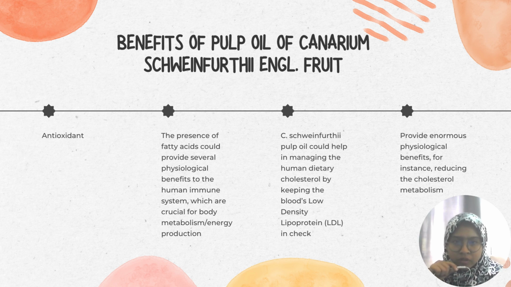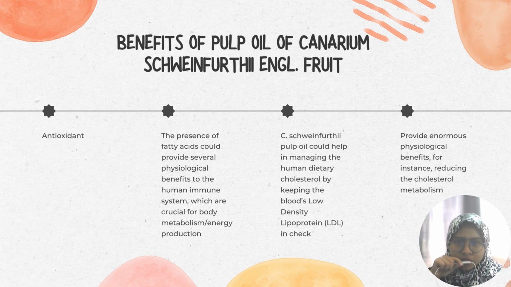Moving to the benefits of pulp oil of Canarium schweinfurthii fruit. So this fruit has anti-radical, antioxidant, and anti-inflammatory properties. Second, the presence of fatty acid in the fruit could provide several physiological benefits to the human immune system, which are crucial for body metabolism or energy production.